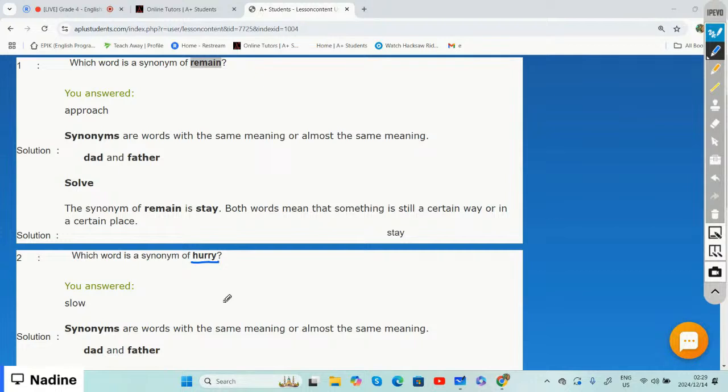And another word for hurry, right? If I were to say I am in a hurry, oh, I need to get things ready, like I need to run, like I'm going to be late for school, then another word for hurry is I'm in a rush. I'm in a hurry, or we can say I'm in a rush.